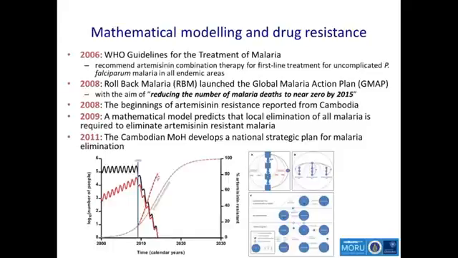So we proposed this concept, and at the time the WHO guidelines were suggesting that interventions should be sought that would reduce the proportion of resistant infections. Those guidelines were changed after this model result was released. It may or may not have had an influence on those changes to the guidelines, and since then the Cambodian Ministry of Health have developed a national strategic plan for malaria elimination.